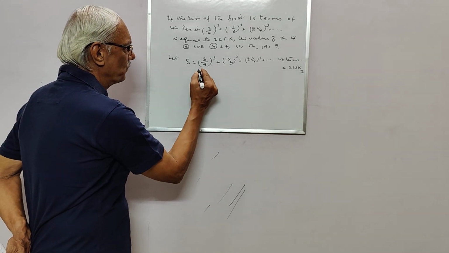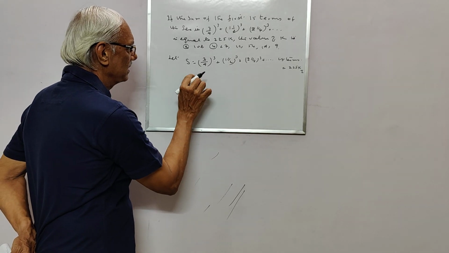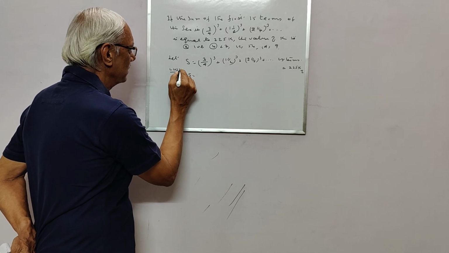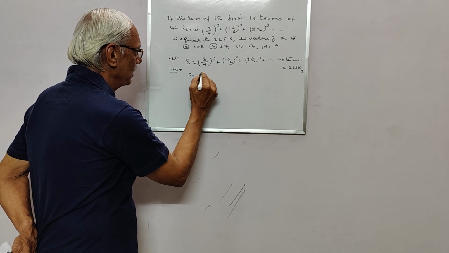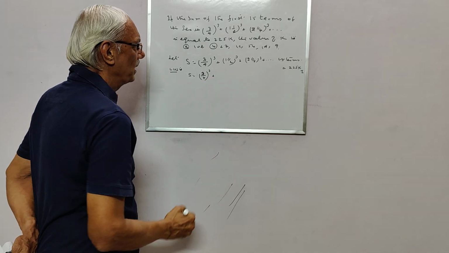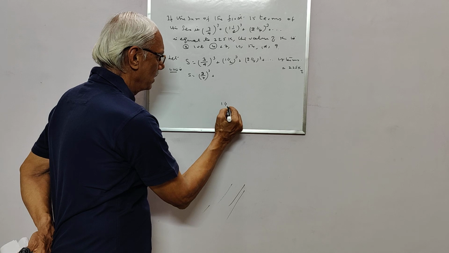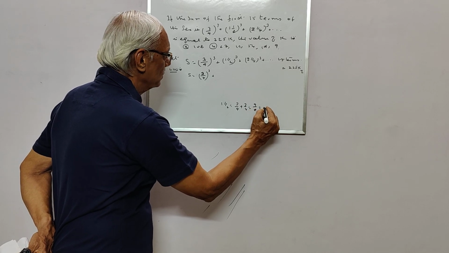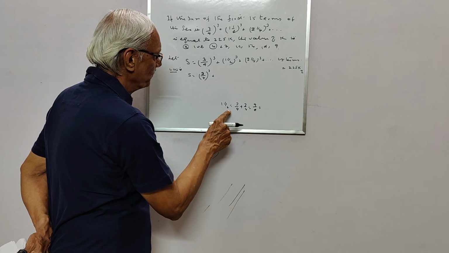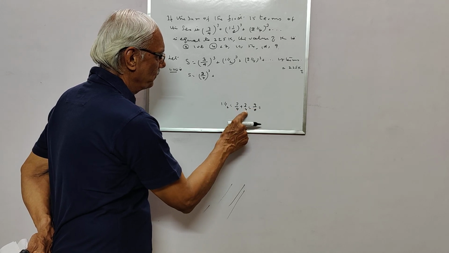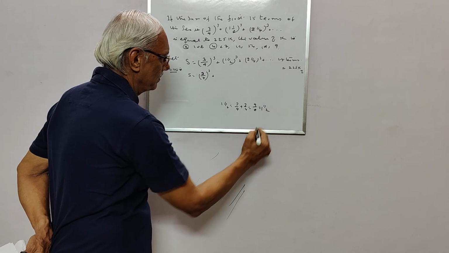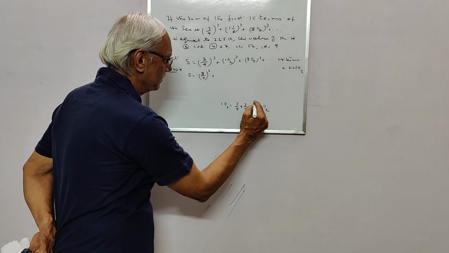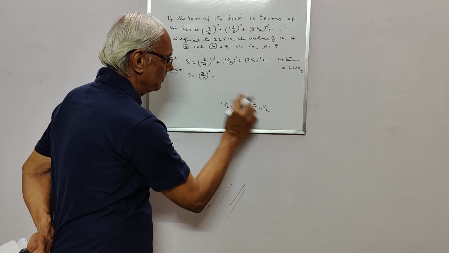Now I will take this LHS, S is equal to 3/4, I will write it as it is, plus you see that this 1.5 is equal to 3/4 plus 3/4, that is equal to 6/4, which is 1.5.